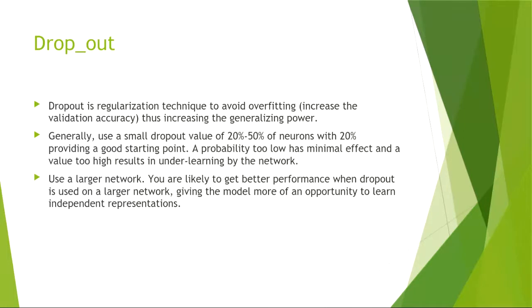Normally, according to the various models that have been made, 20% is a good point to start with. When you are using a larger network, you are most likely to get better performance when dropout is used on it. That means with a larger network, this dropout value will give you better performance, and your model will be a good model.